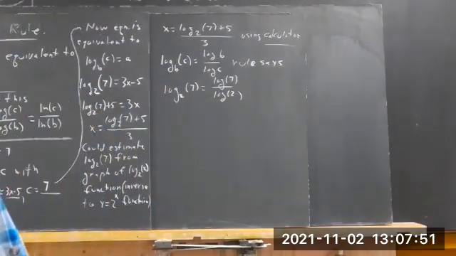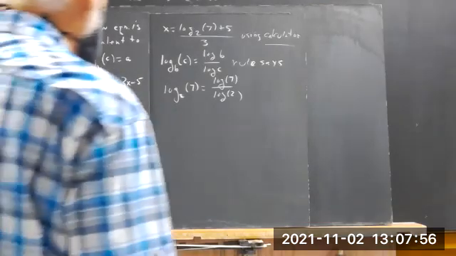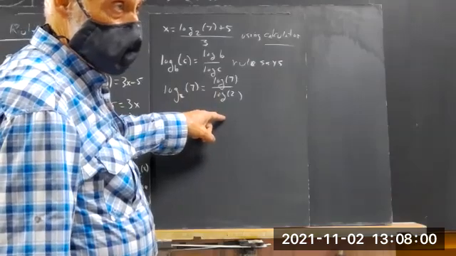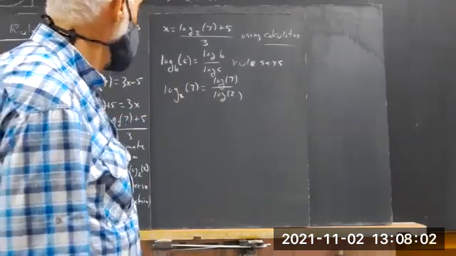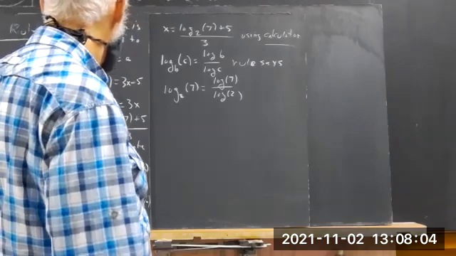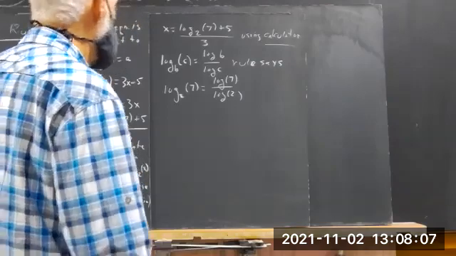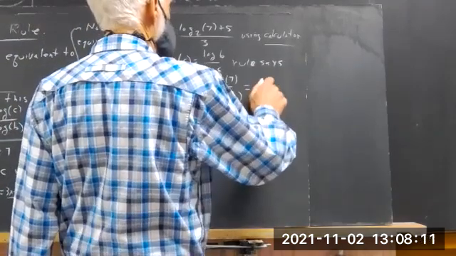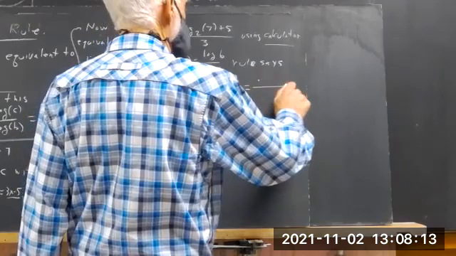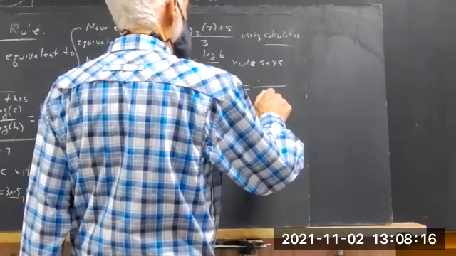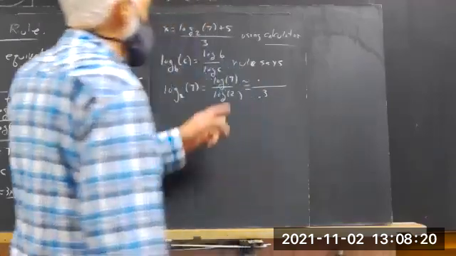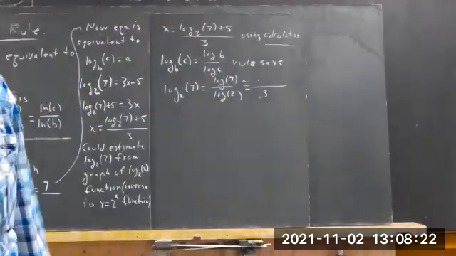Got a calculator handy? What's the log of 7? What's the log of 2? Log of 2 is about 0.3.